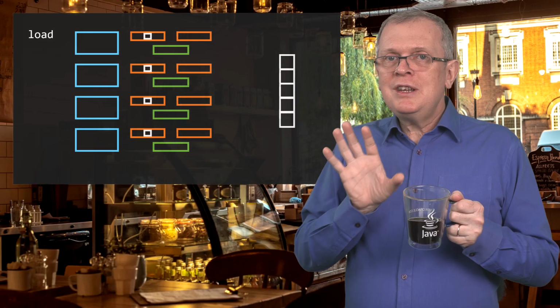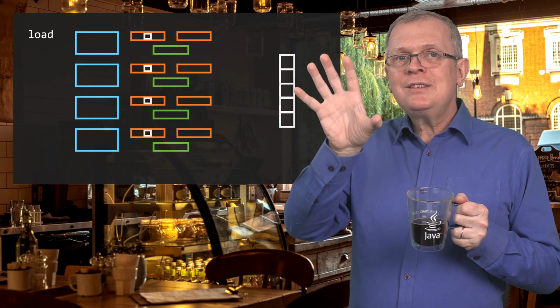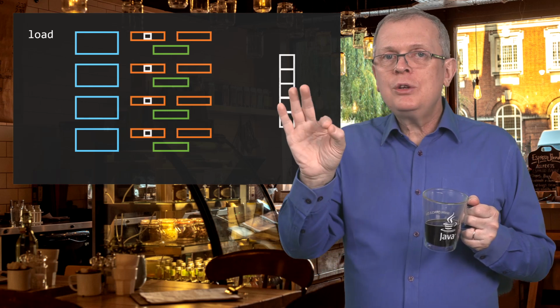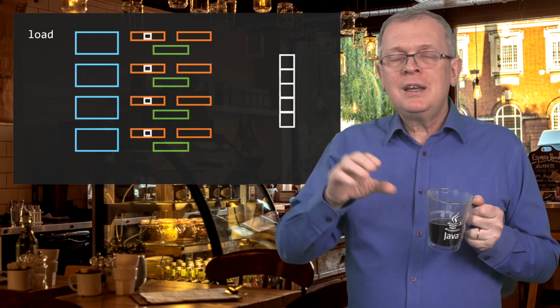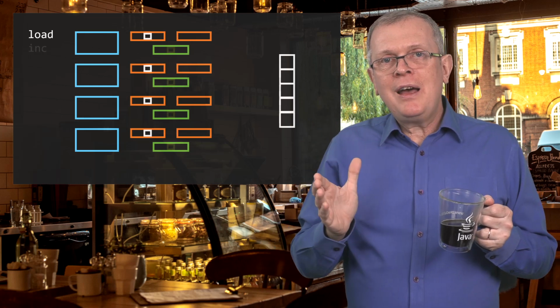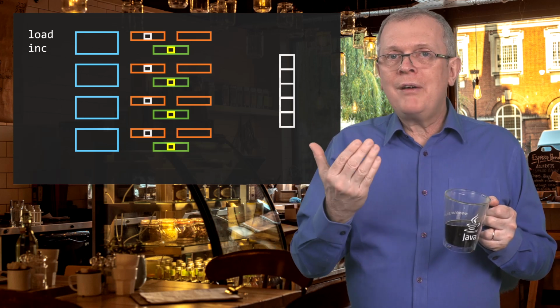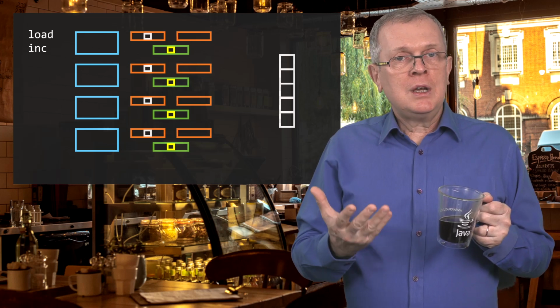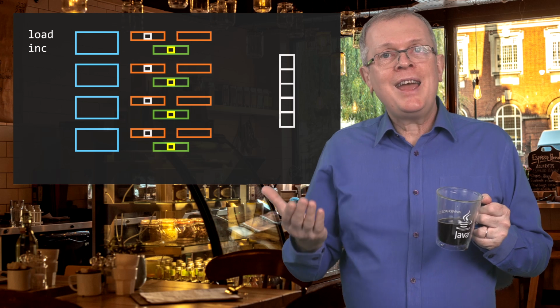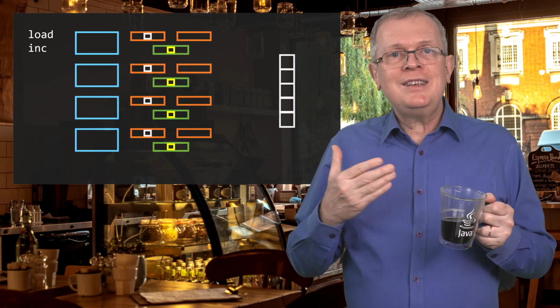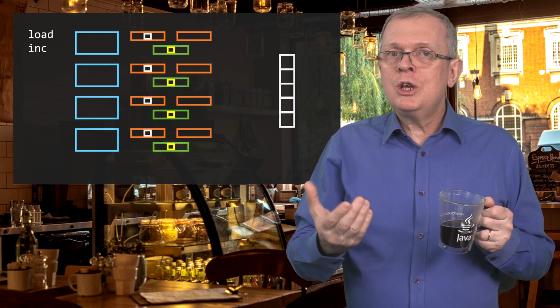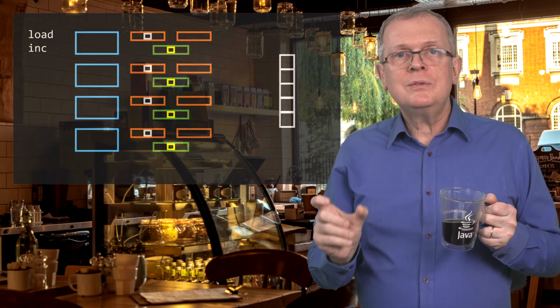Your SIMD machine sees the memory as an array, and each operating unit sees one particular cell of this array. If you execute increment, then the values loaded are incremented, all in the same CPU cycle. Why? Because once again, every operating unit is executing increment on the same CPU cycle, but on a different piece of data.